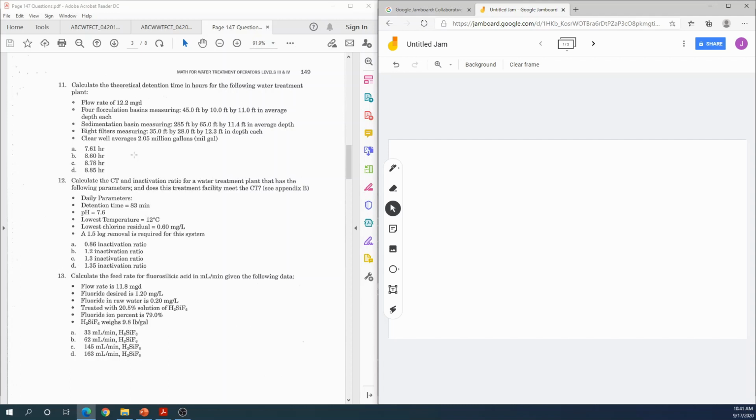So we have 4 flocculation basins. Each one of those is going to measure 45 feet by 10 feet by 11 feet.